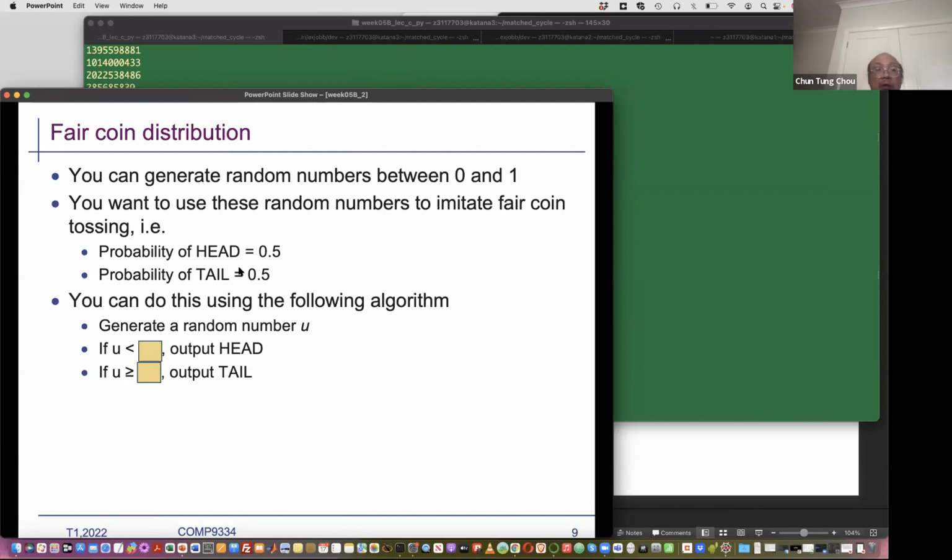My suggestion is to use this algorithm. First, you generate a random number u. If u is lower than a limit, then your output is head. If u is bigger than or equal to the same number that I'm covering up here, then your output is tail. My question to you is, what number should I use here so that I get a fair coin? If you know the answer, you can type it into the chat.